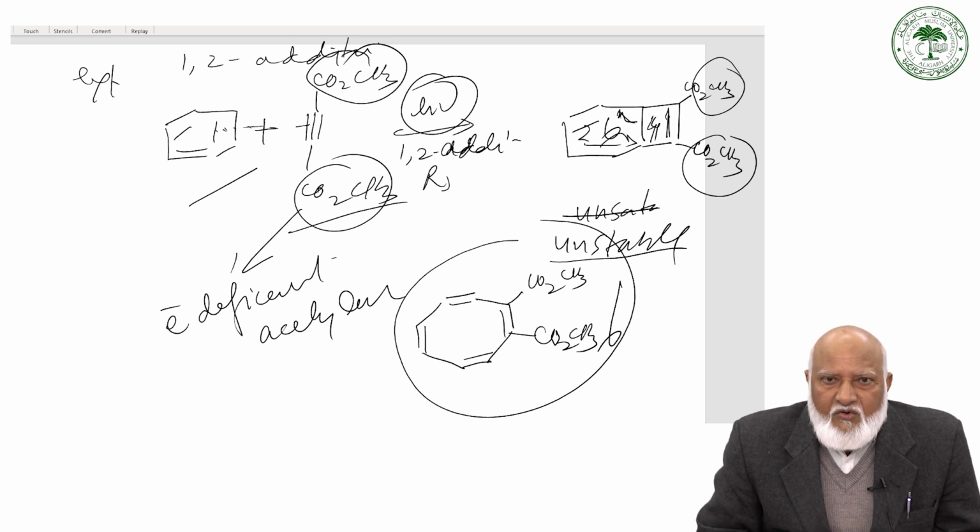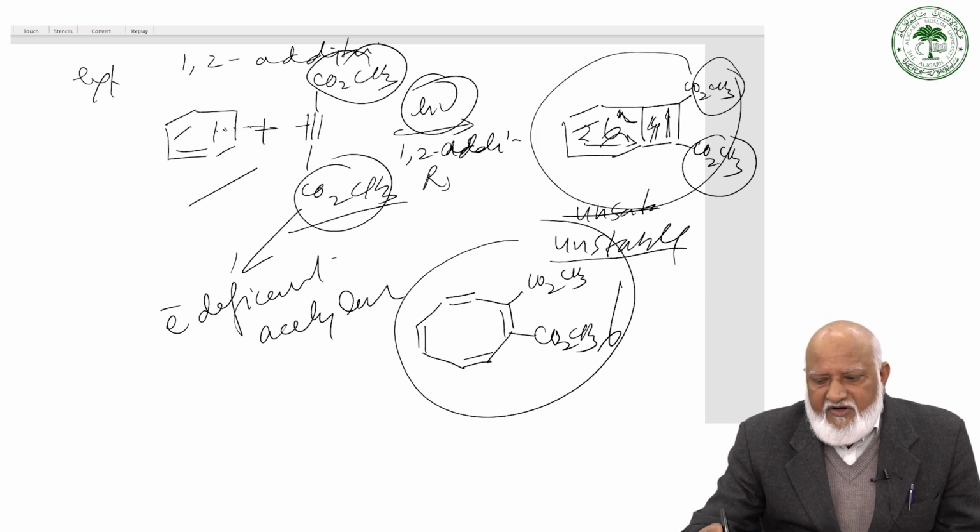So this type of reaction has also been reported, where it has been shown that benzene under photolytic condition also undergoes 1,2 addition with acetylene derivatives, in addition to 1,2 addition with electron deficient alkene derivatives. The most important electron deficient acetylene derivative is dimethyl acetylene dicarboxylate. Because of the presence of two electron withdrawing groups, it can add in a 1,2 addition manner, giving rise to this as the 1,2 addition product.